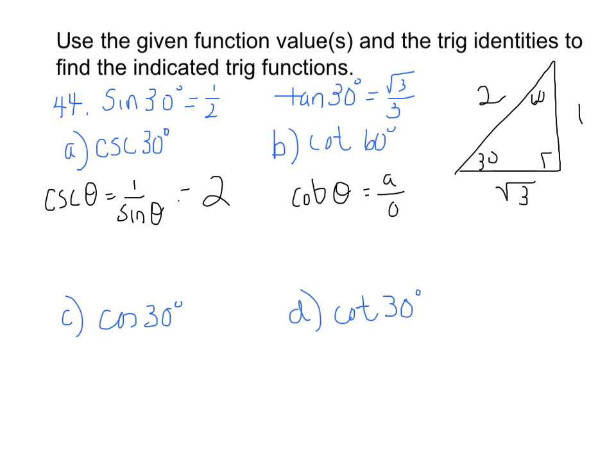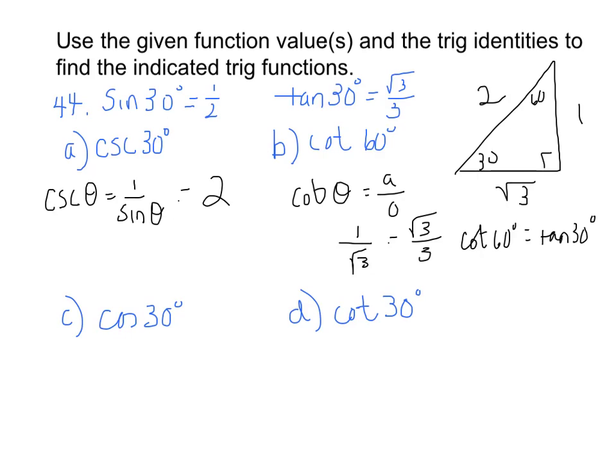So when I look here at 60 degrees, the angle adjacent is 1, and so this is 1 over the square root of 3, which rationalized is the same thing. So that means, and we've talked about this before, the cotangent of 60 is equal to the tangent of 30. Right? Because they are two acute angles in the same triangle.